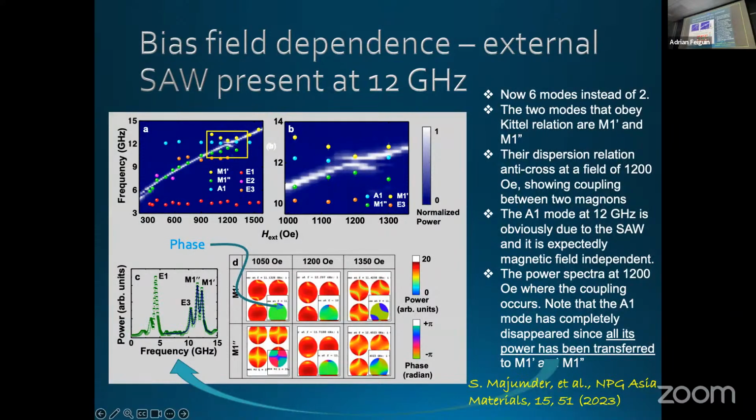Two magnon modes, M1 prime and M1 double prime, two magnons, were coupled by this A1 mode, which is a phonon mode. This is a SAW mode, surface acoustic wave mode. So the phonon coupled two magnons and coupled it so that the phonon power got completely transferred into these two magnon modes.